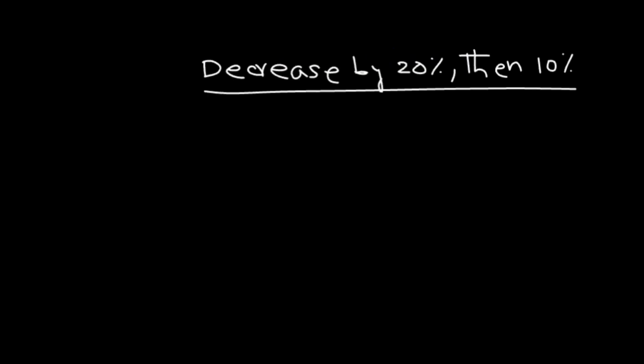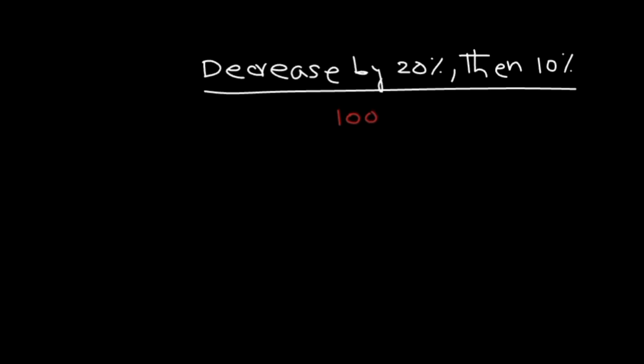For the sake of practice, we take another example, decrease by 20% and then by 10%. So we assume the original value we have is 100. We write down 100 here.